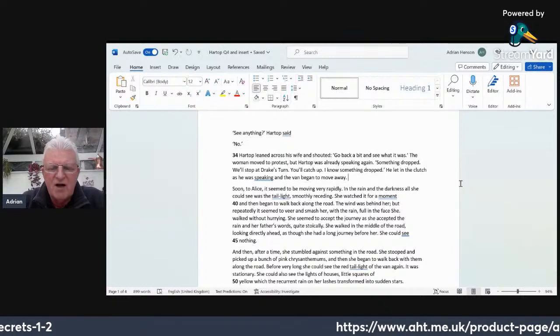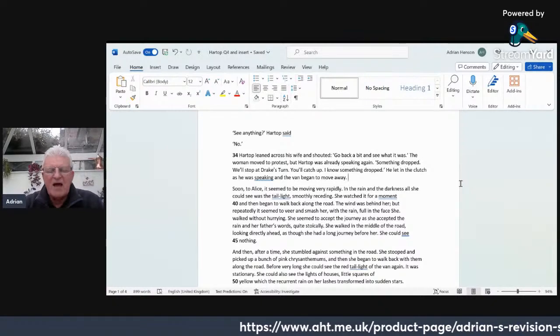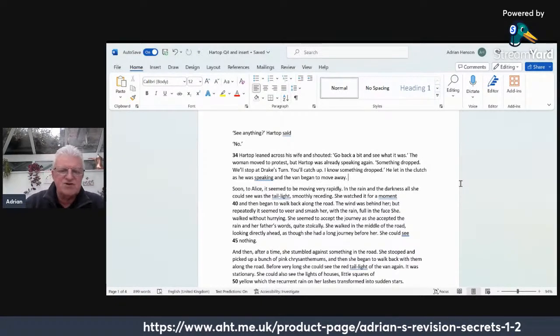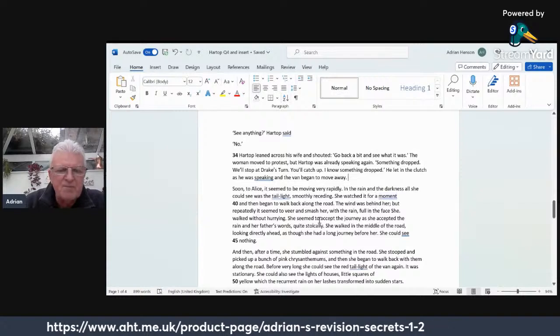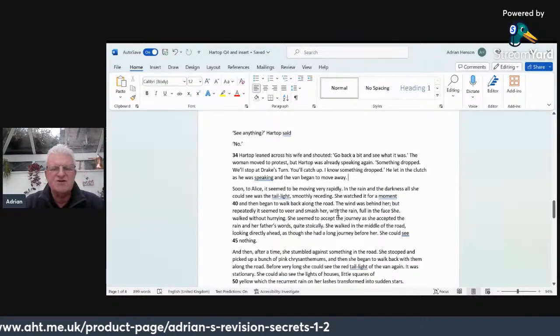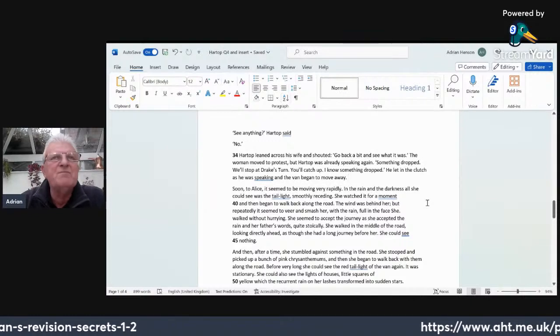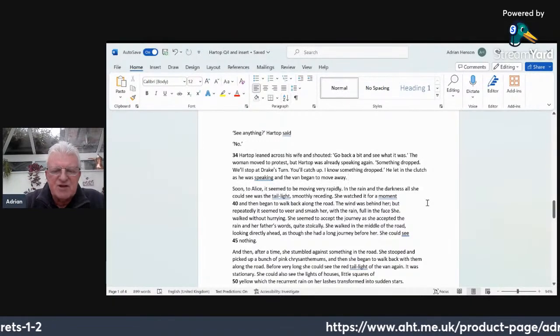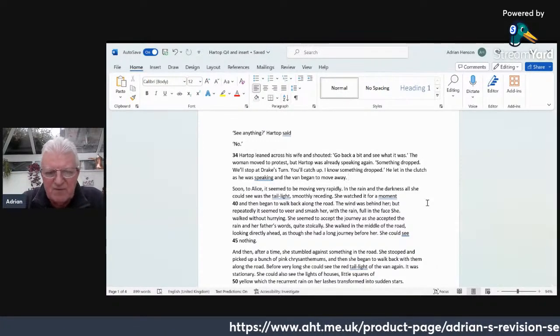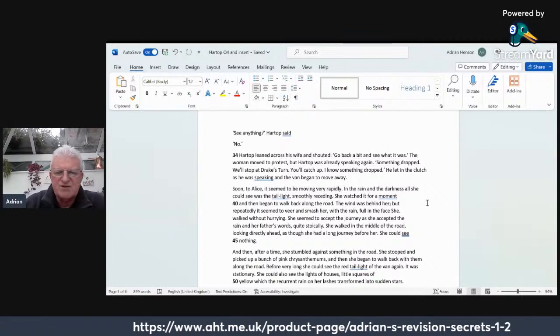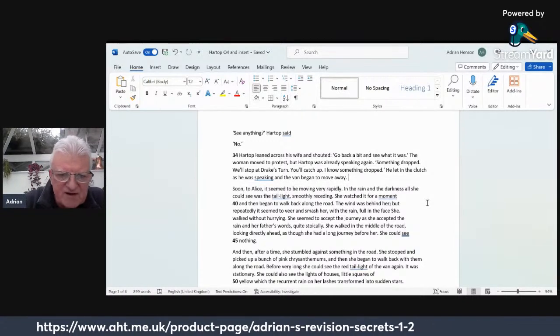So she's out, the car's moved away, and we get some idea of the conditions. "The wind was behind her, but it seemed to veer and smash her with the rain full in the face." Now, we could feel sympathy for Alice at this point, that she's in this horrible condition. And that's quite descriptive of how it smacks her in the face.